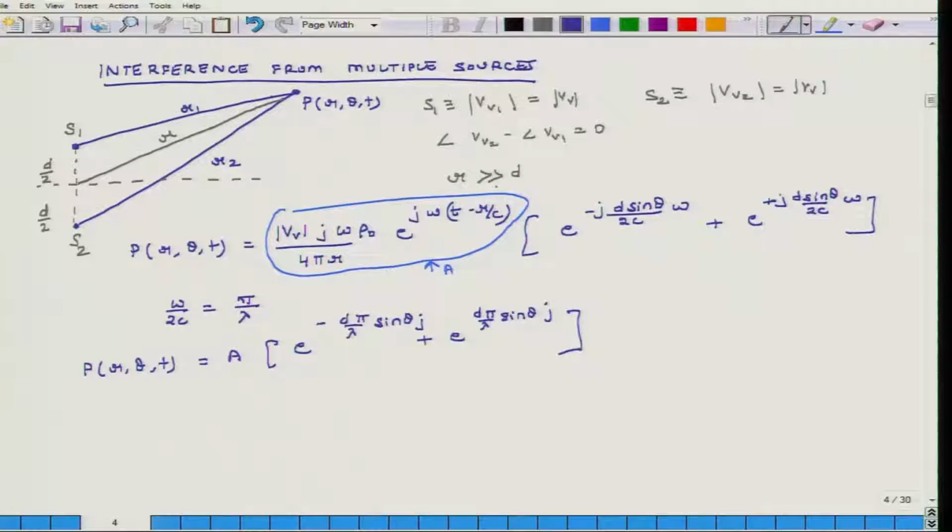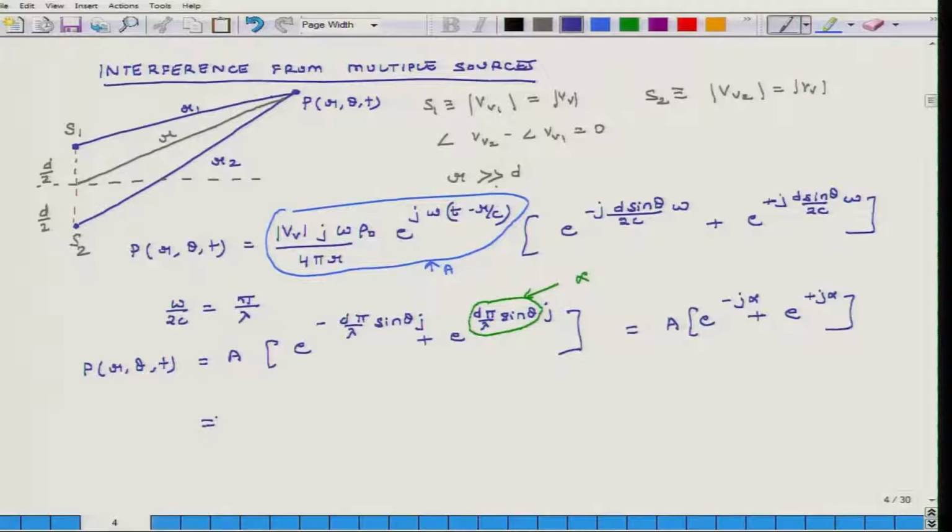Now what we do is define this thing as alpha. So, this is equal to A times e to the power of minus j alpha plus e to the power of plus j alpha.